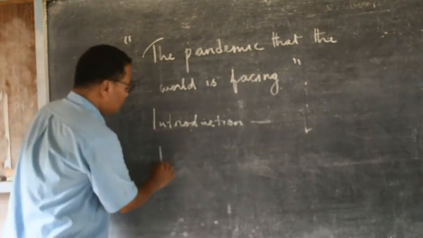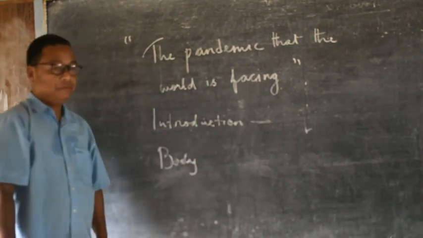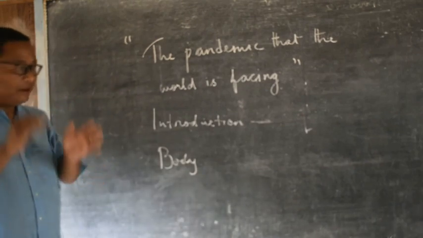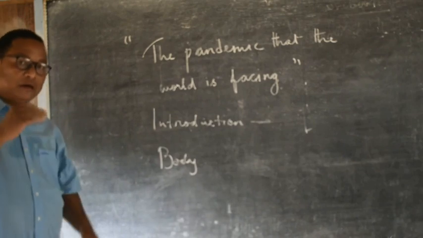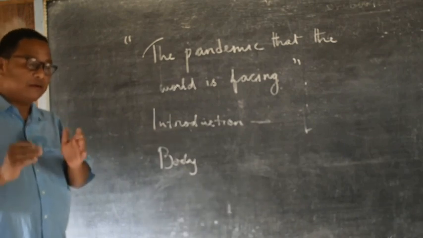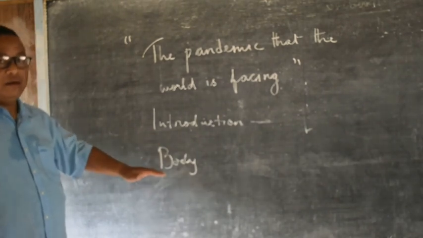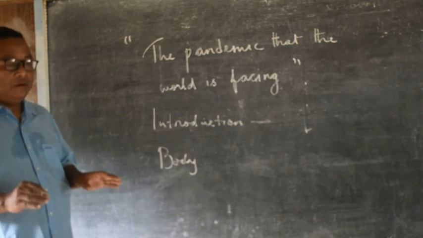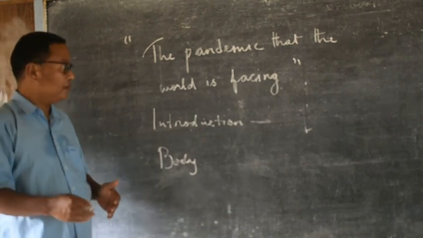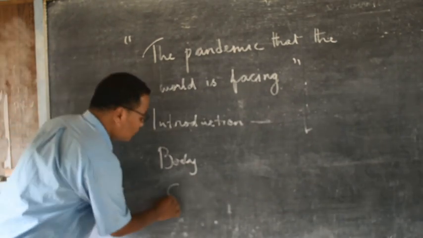After that, in the body, you can write about how India is battling the pandemic, the coronavirus, and how other countries of the world are also fighting the coronavirus. What steps the government has taken and the measures that we can take to prevent ourselves from being affected by this disease. Then, conclusion.